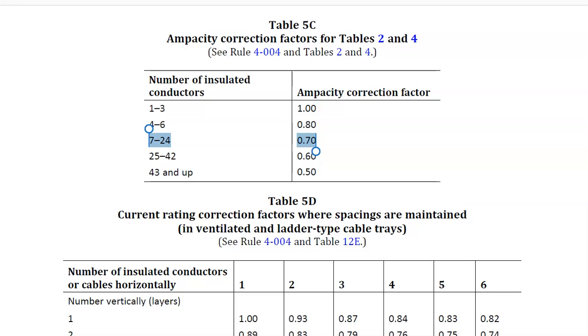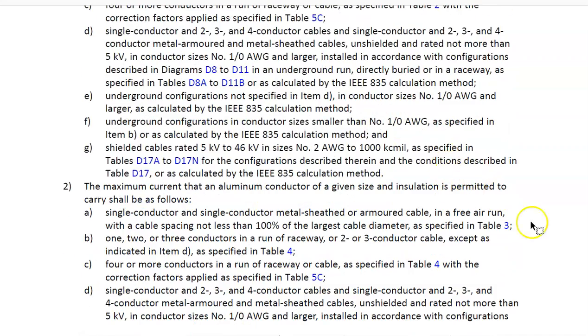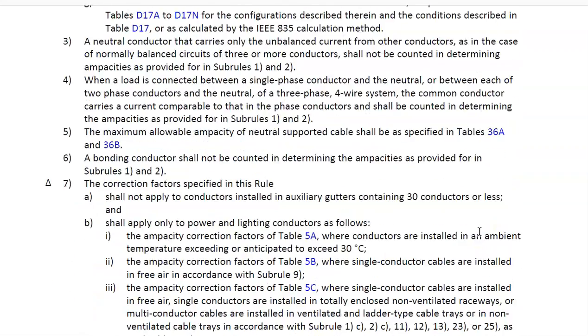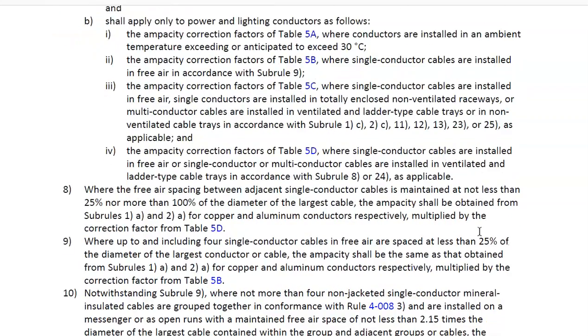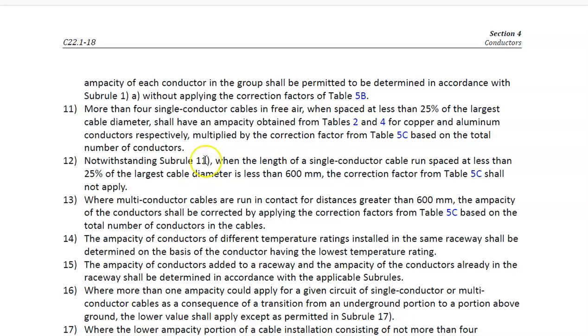Let's go back into our Canadian Electrical Code over here, and we're going to jump back down into my section 4. And what we want to do is just talk about conductors that are in contact with each other. So we're just going to roll down through here, down through here, down through here. I know it's a lot of rolling to get through this all.